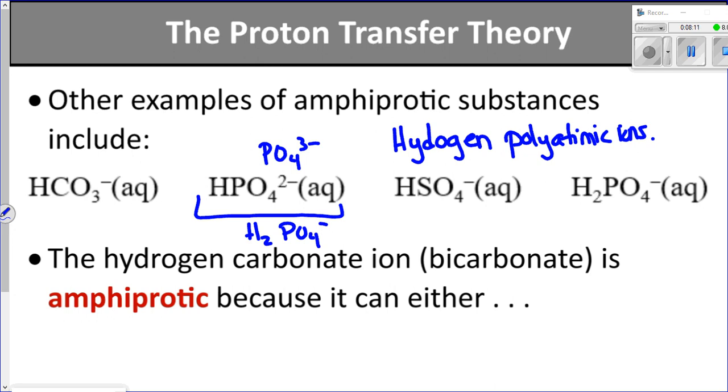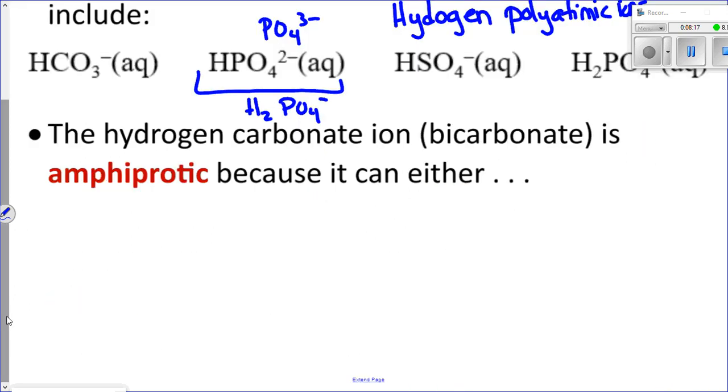So they're talking about hydrogen carbonate here. So it's amphiprotic because, and then I guess we could just show down here. So I'll show that it could accept a proton.